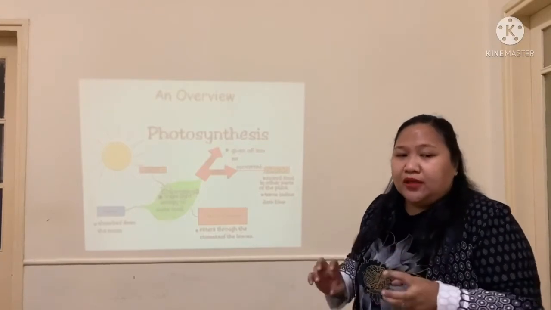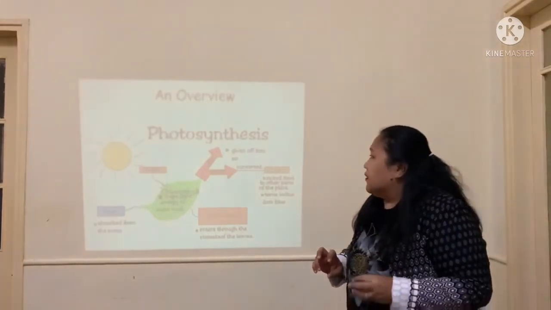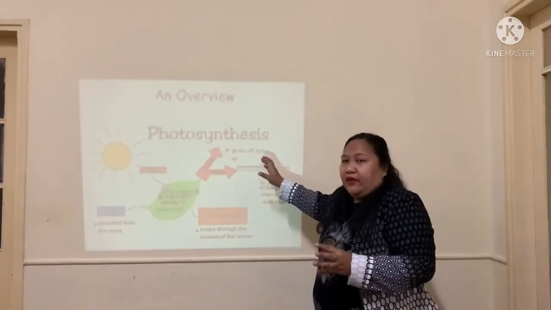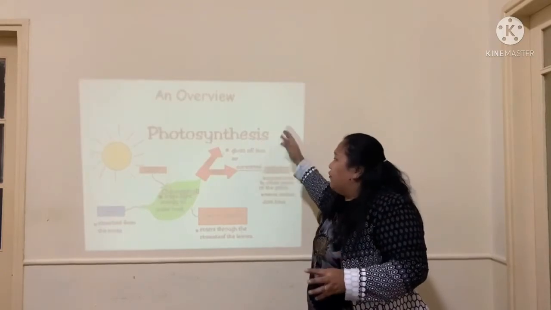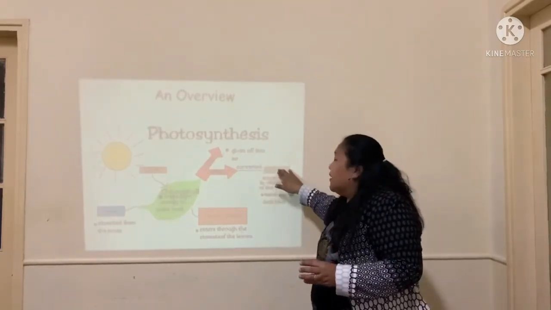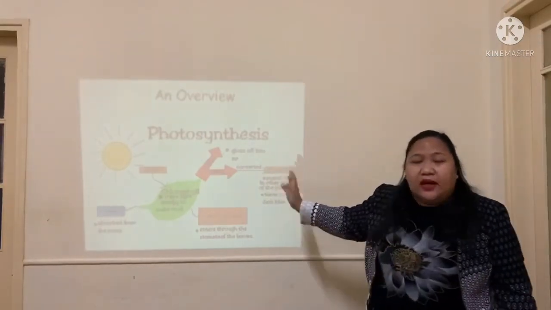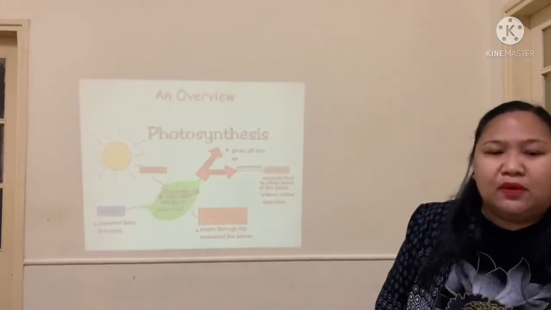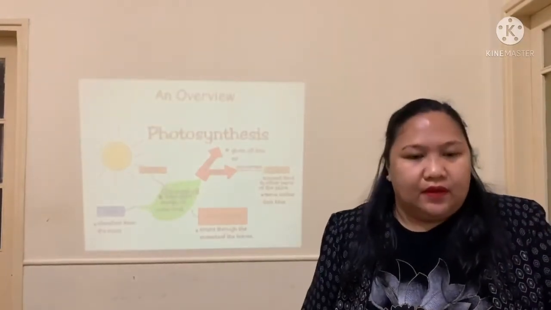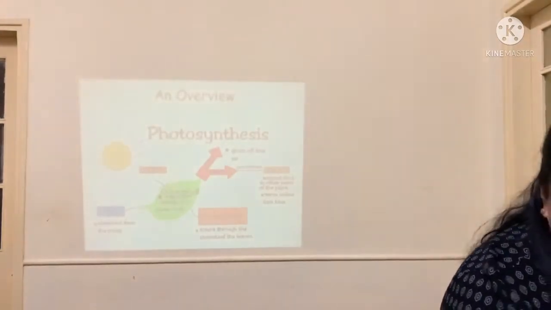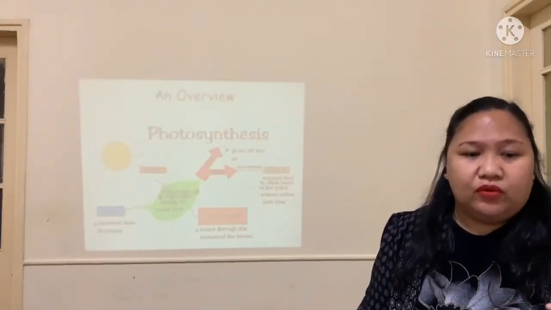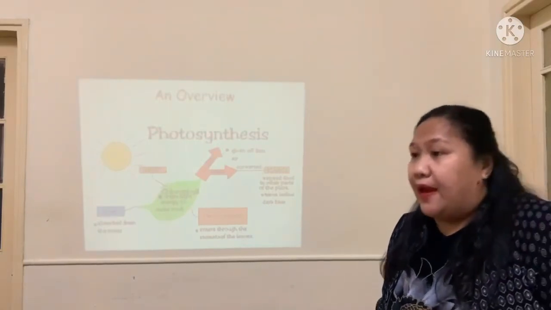Now, the end product of photosynthesis is given off into the air, and it is converted into starch. Who can tell me what is starch? Based on that diagram, yes, very good. Starch is the stored food in other parts of the plant.